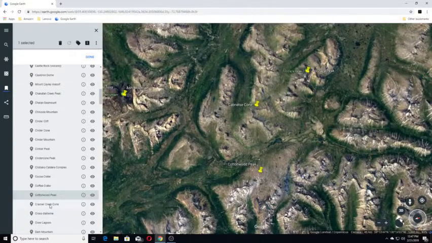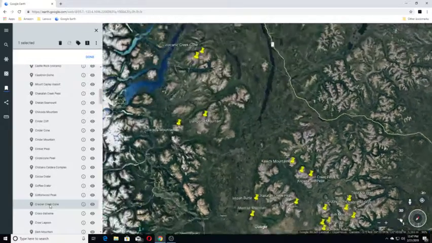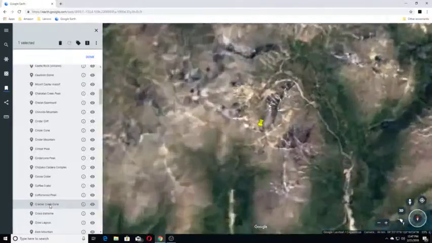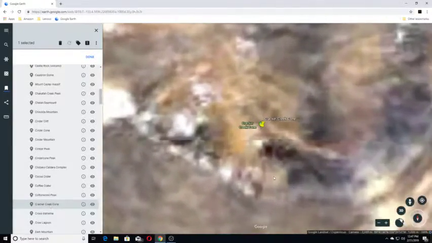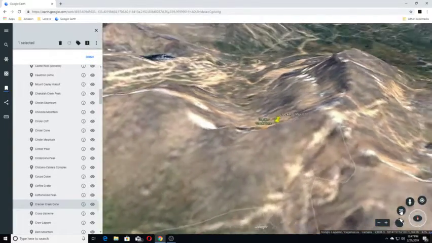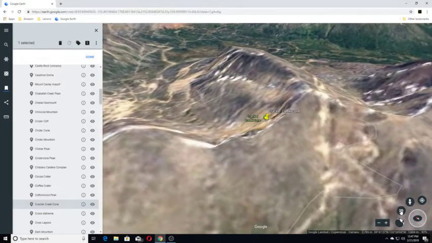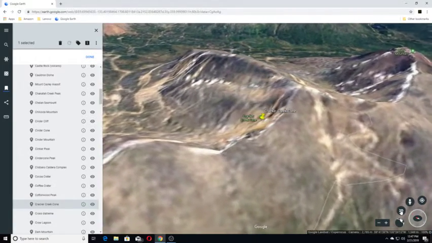And moving on to Cracker Creek Cone. Cracker Creek Cone is a small cinder cone in the northwestern British Columbia.